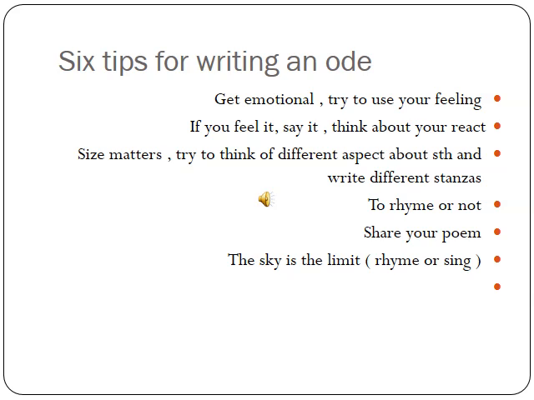I'm sure that you have a lot of feeling. Anyway, if you feel it, just say it. If you feel something, just say it automatically. Then size matters. Think of different aspects about your topic, which is about your poem, and according to those aspects, you are going to write stanzas. And that's all. Let's go next.